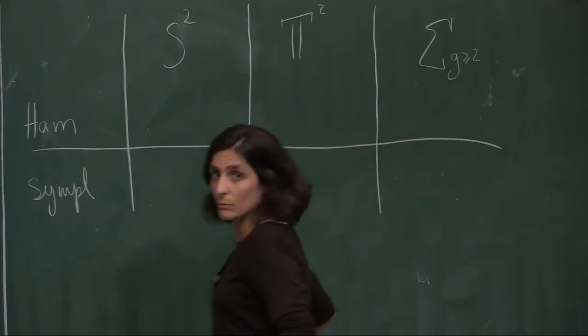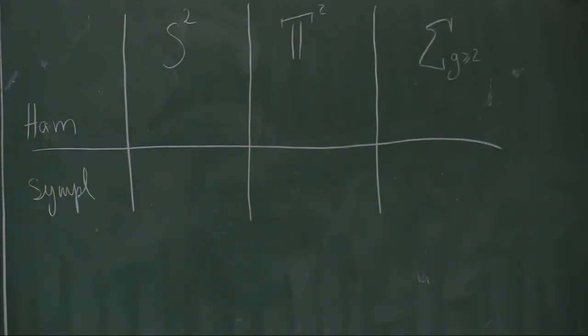So for S^2, if we consider the irrational rotation on S^2, I just have two fixed points, the North Pole and the South Pole.